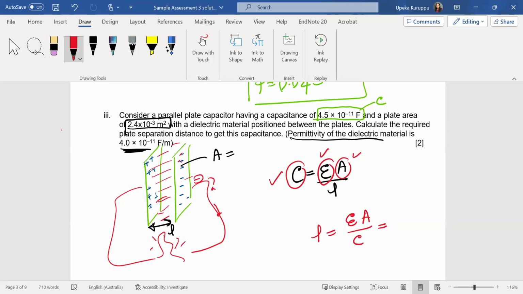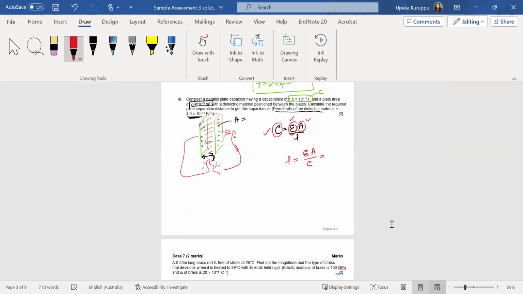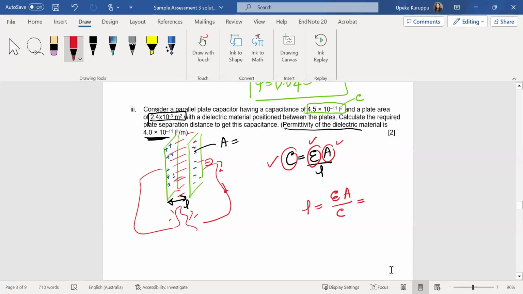So what do you get? L is the distance between the plates. 2 millimeters? Do we all get 2 millimeters? Any question? That's epsilon, which is permittivity. Can I move to the next question? Do you need more time?